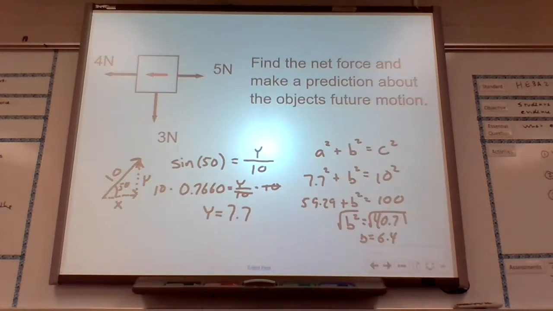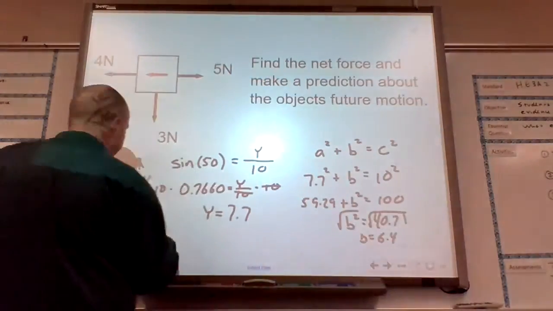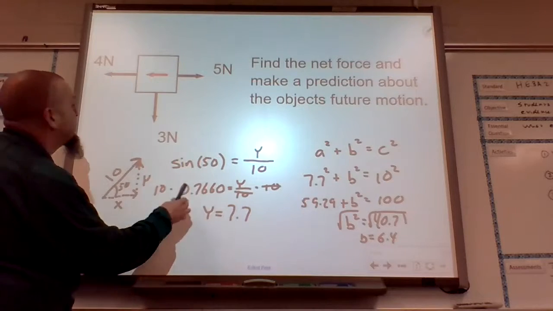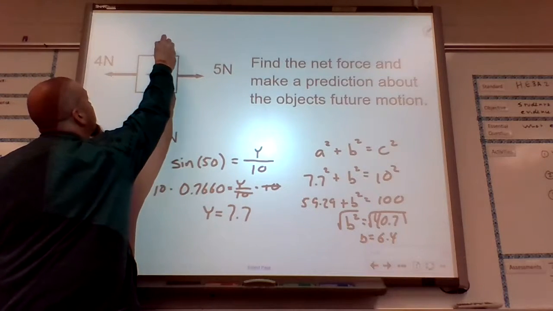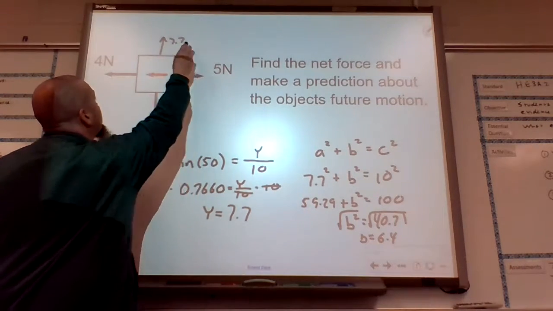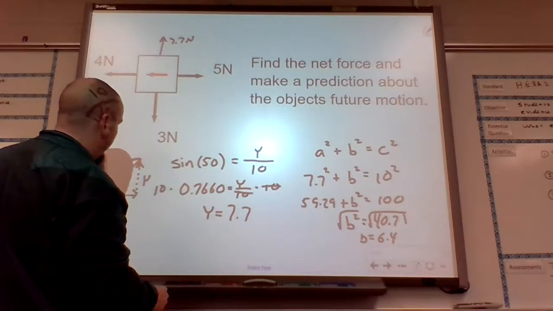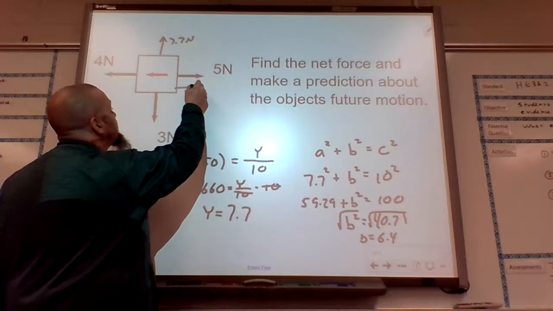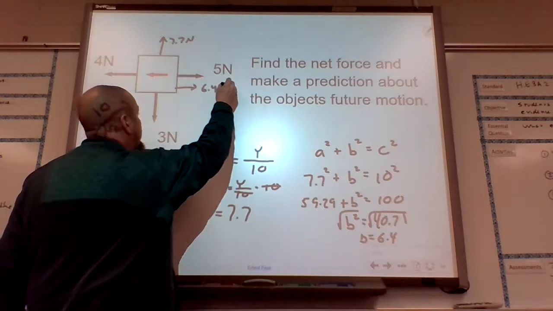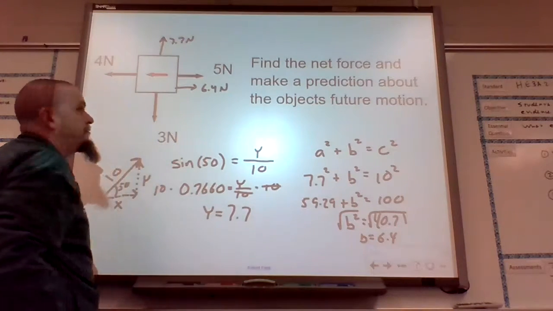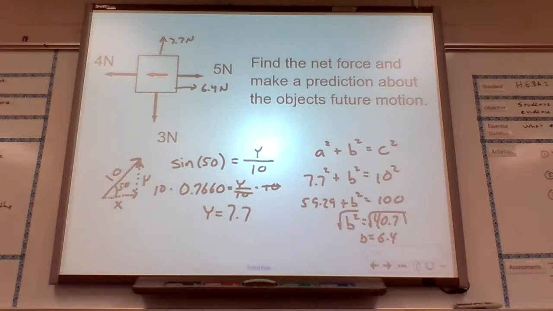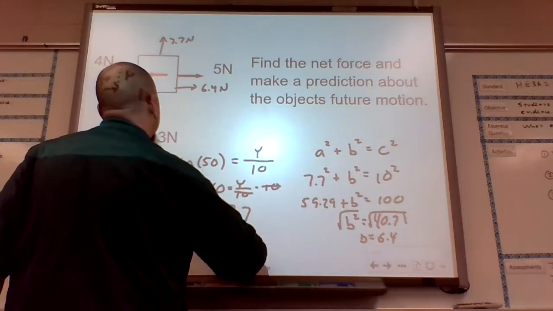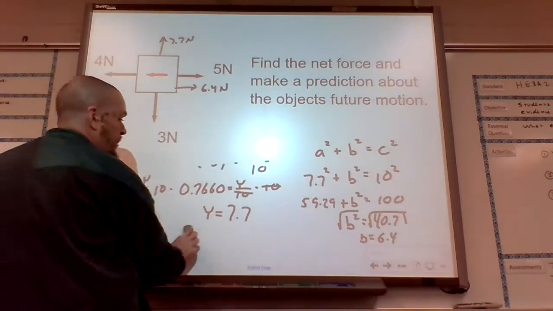So now we've got a y component, an upward one of 7.7, and my x component goes to the right of 6.4. That's the whole reason why we did all that, to get rid of that angled vector from our question and to give ourselves something that we can actually work with.